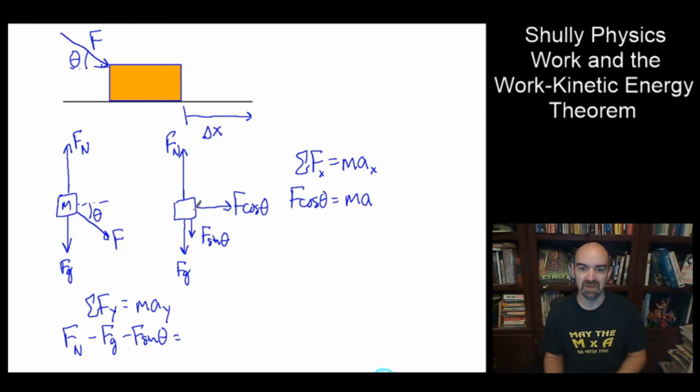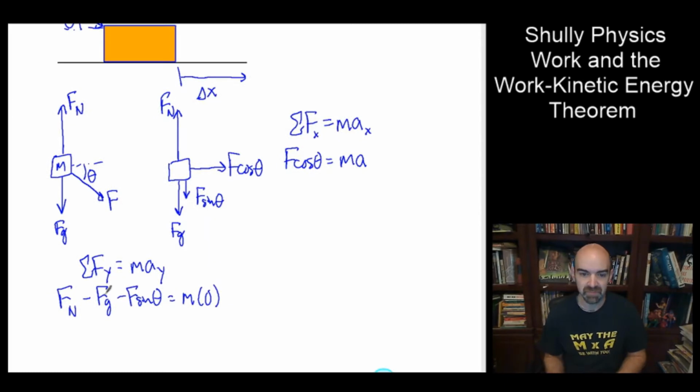The floor is going to increase its normal force until it balances out the weight and that component. So the y direction acceleration is 0 there. And if we substitute mg for Fg, and add mg to the other side, we'd end up with the normal force being equal to mg plus F sine theta.